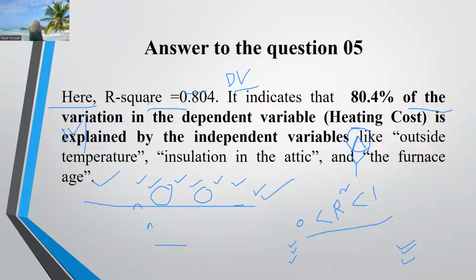If the coefficient of determination is 0.804, you have to multiply by 100. That means 80.4%. It indicates 80.4% of the variation in the dependent variable, heating cost, is explained by the independent variables like outside temperature, insulation of attic, and furnace age.